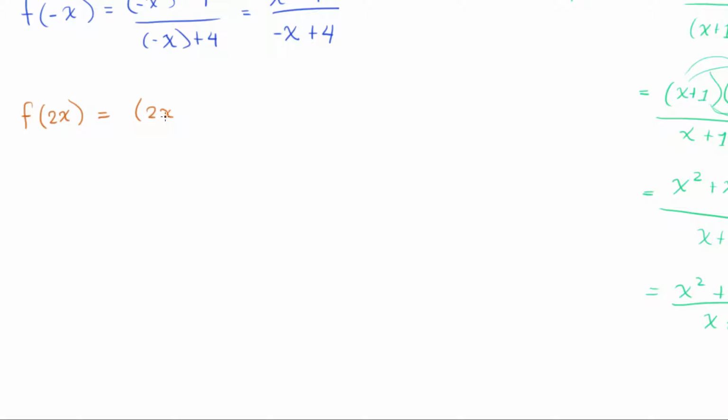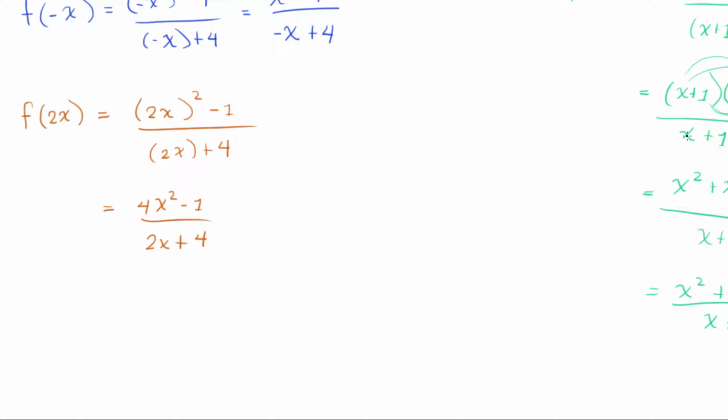So 2x squared minus 1, and then 2x plus 4. Now 2x squared means 2x times 2x. 2 times 2 is 4, and x times x is x squared. There's nothing to distribute, so you can drop the parentheses, and that's what you're left with.